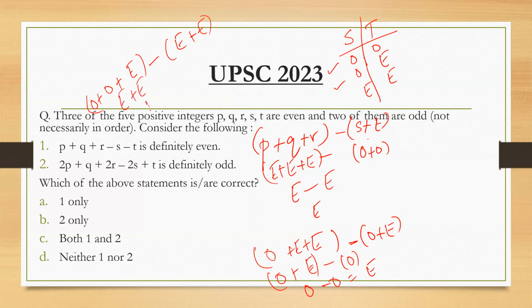Even plus even is even. Even minus even is again even. That means in all the three possible scenarios, we are getting even values. That means this is definitely even. Is it clear, everyone, what we have done?